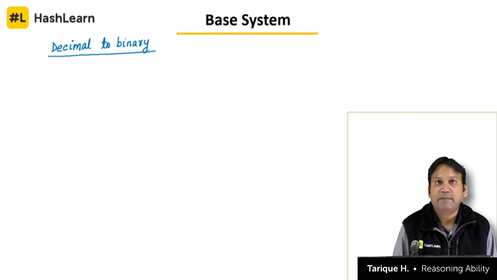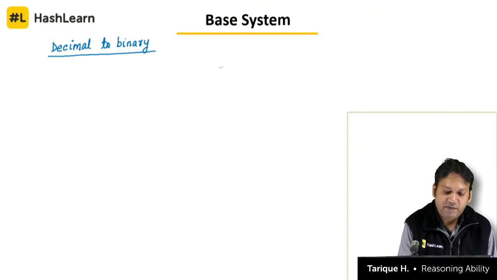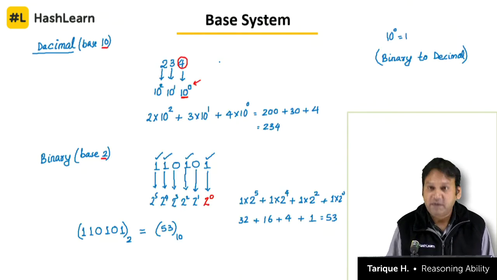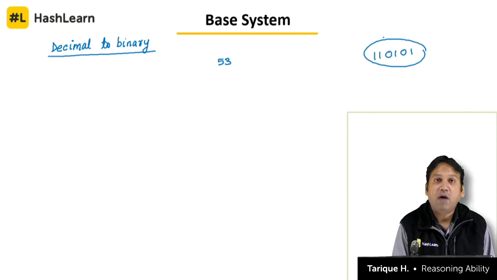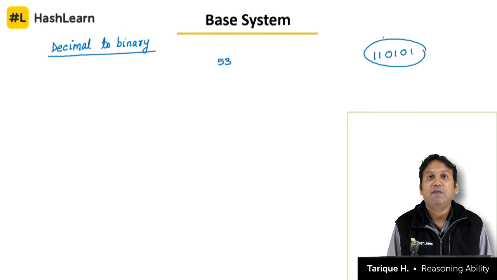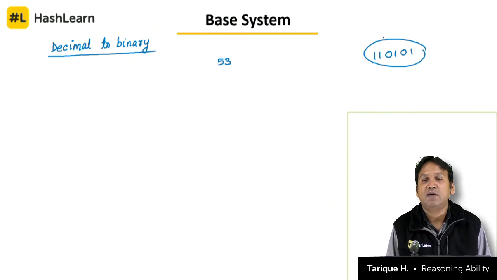Let's say for example the number 53, we'll take 53 itself. We know from the previous slide that 53 is 110101. So we want to get to this result here. If I don't know this value 110101, how do we convert a decimal number to binary?